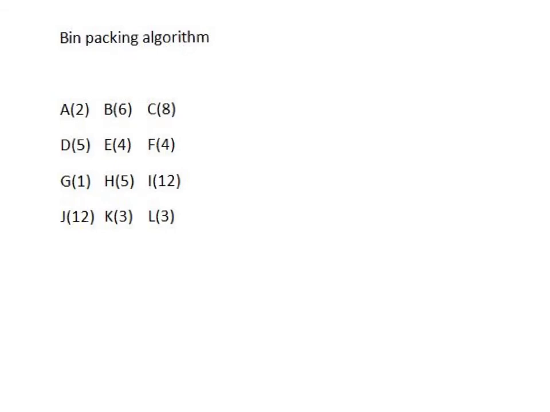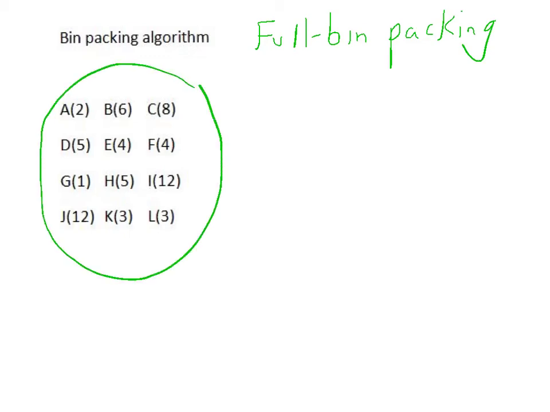The final way of using the bin packing algorithm is to use what's called full bin packing. This means that as we want to fit items into bins of size 15, we're just going to look for different items that we can put together to make a total of 15.